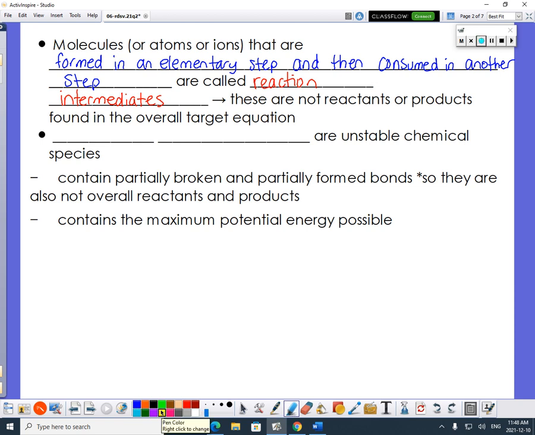So reaction intermediates are not reactants and products. They are not found in the overall target. So what did we do last unit? We canceled them out, okay?